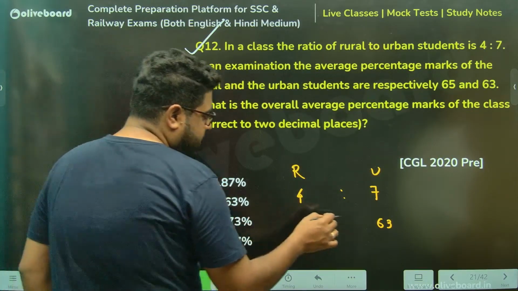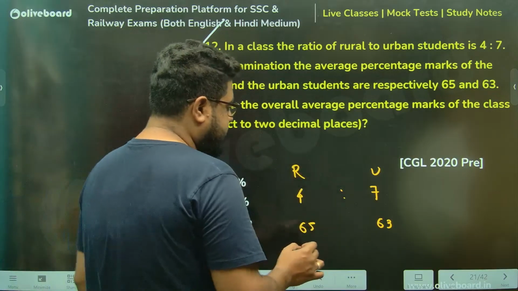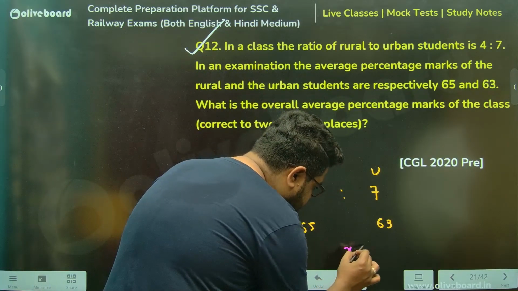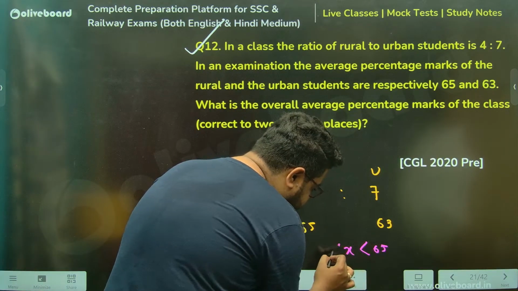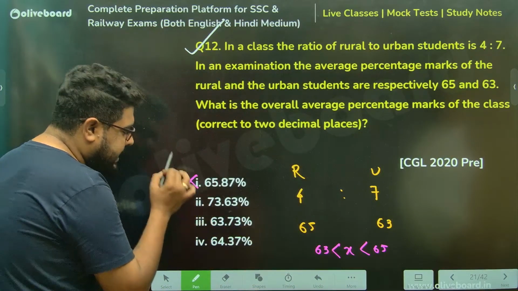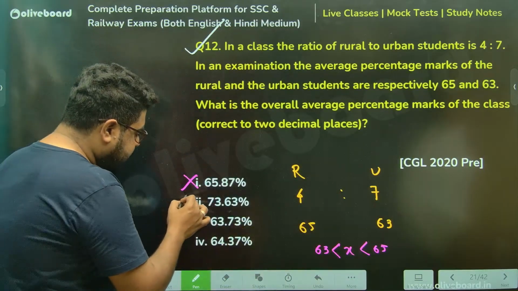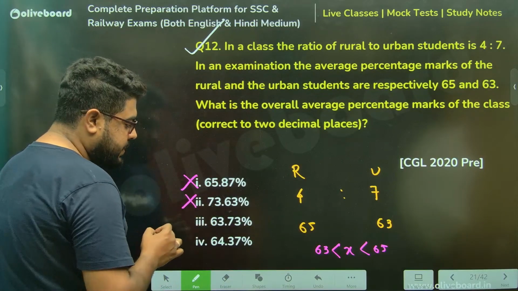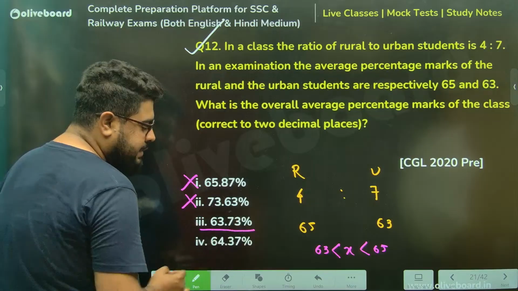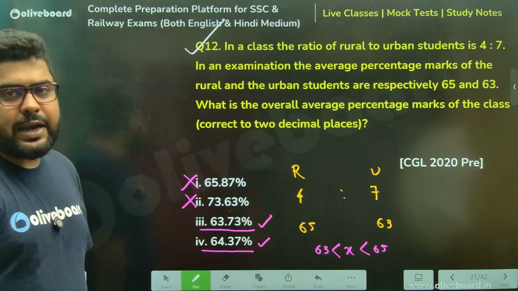It will be greater than 63 but less than 65, I will apply my concept. 65.87 can never be the answer, it is greater than 65. 73, same logic, cannot be the answer. 63.73 can be the answer.